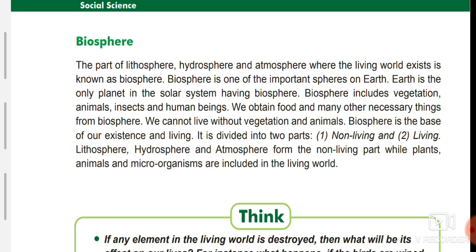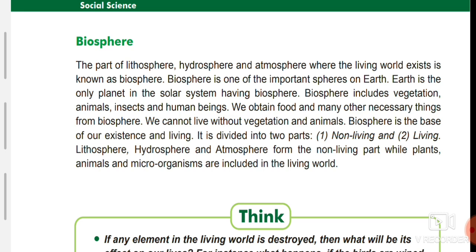Now again see, biosphere is again divided into two parts. One is living and non-living. Lithosphere, hydrosphere and atmosphere form the non-living parts, while plants, animals and microorganisms are included in the living world.